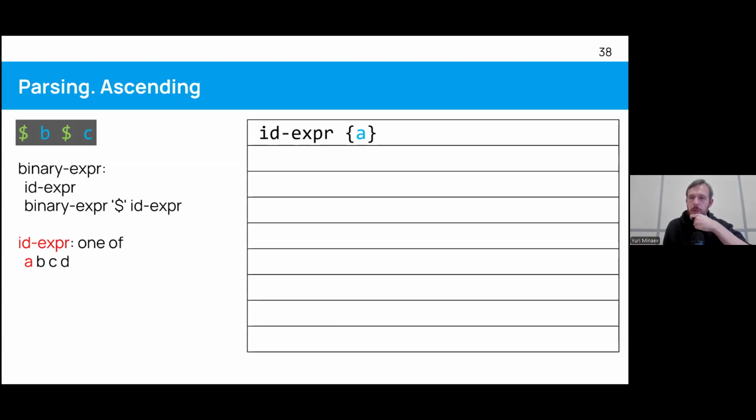So we look at the input and we have to decide what to do next. And we can do two things in an ascending parser. We can shift. That's what we are doing when we consume something from the input and put it into our state. And we can reduce.